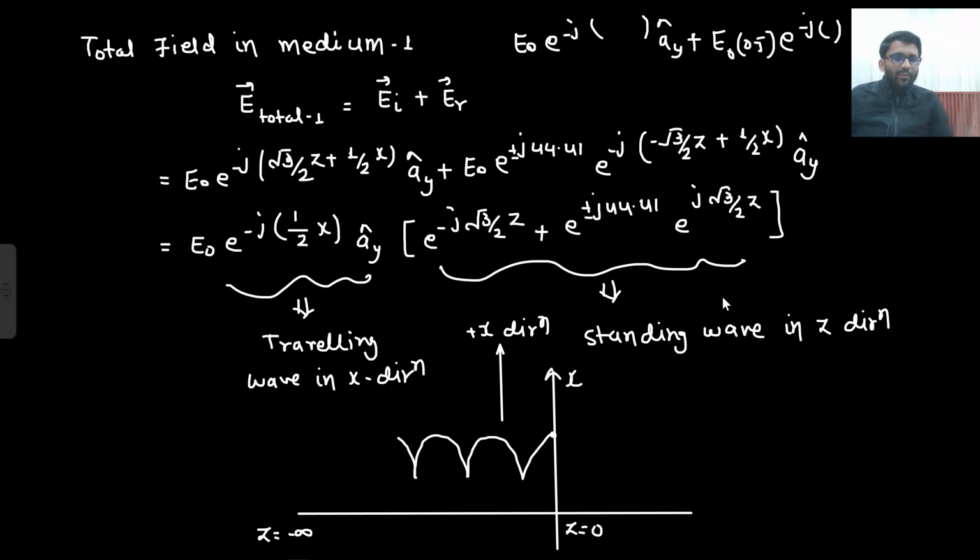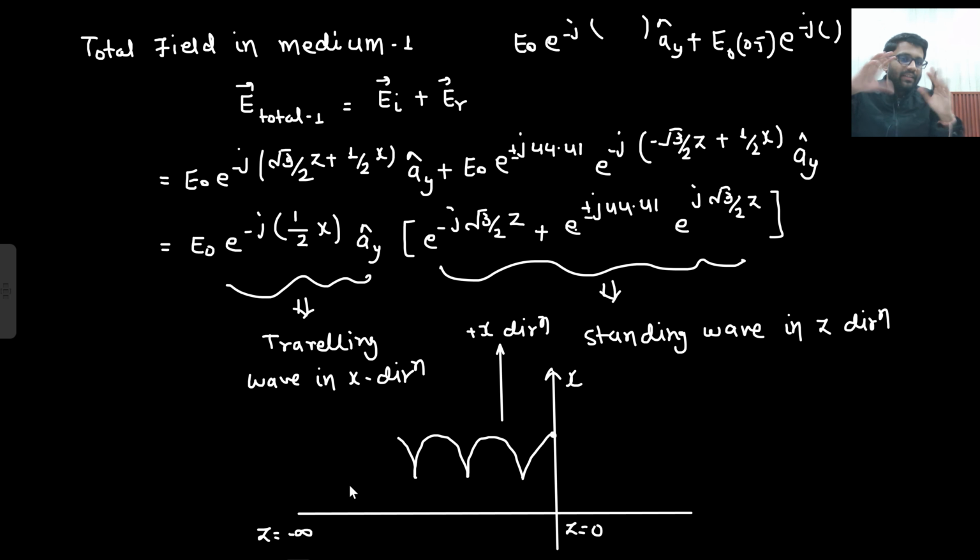Everything would be the same, just in place of this you will have a real quantity, something like 0.5. So again, this would be the standing wave in the z direction, and again, this would be the traveling wave in the x direction. So whether it is a normal reflection or a total internal reflection, in both cases in the direction of z you are getting your standing wave, and that standing wave is traveling in the x direction.